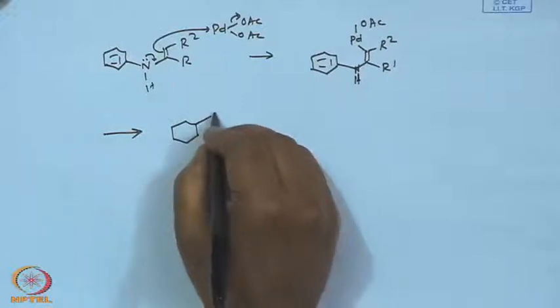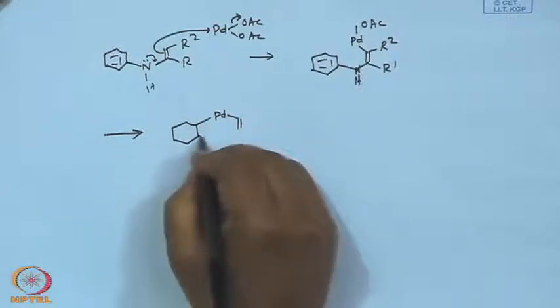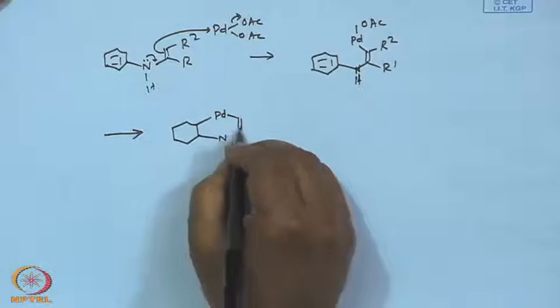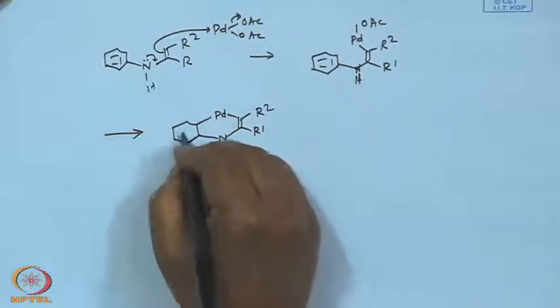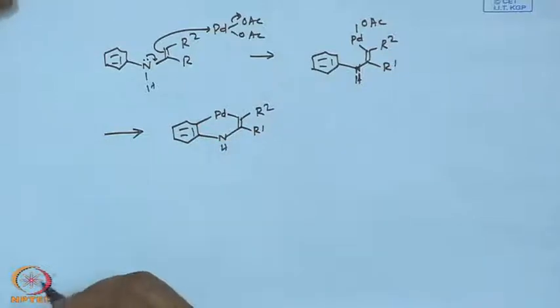The next step is the insertion of palladium between carbon and hydrogen. I mean, there are so many carbon and hydrogen bonds, of course the one that is aromatic, one CH2. So, what you will find is something like this would form. This is R1, R2 and hydrogen and this, right.